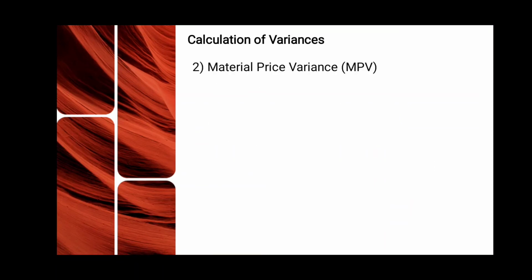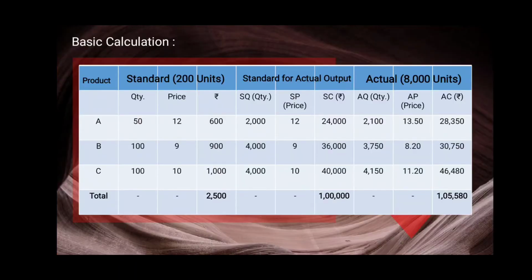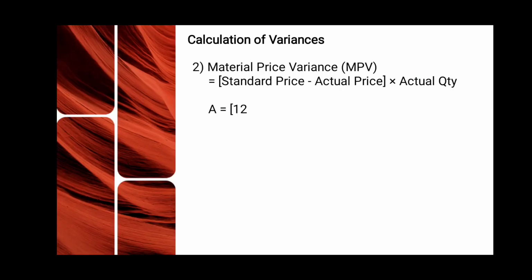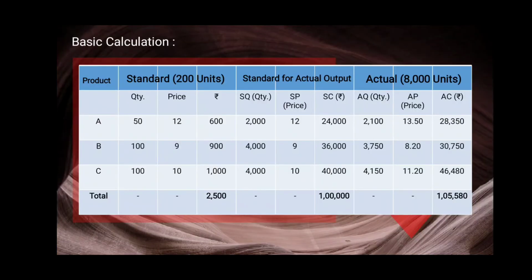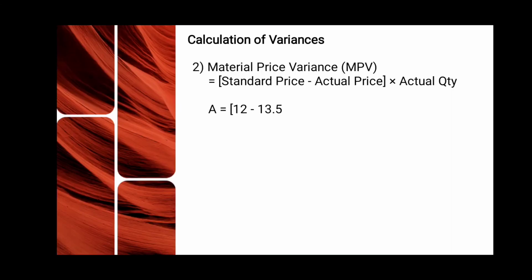Second, material price variance, which will be equal to standard price minus actual price into actual quantity. For material A, standard price is 12 minus actual price is 13.50 into actual quantity.